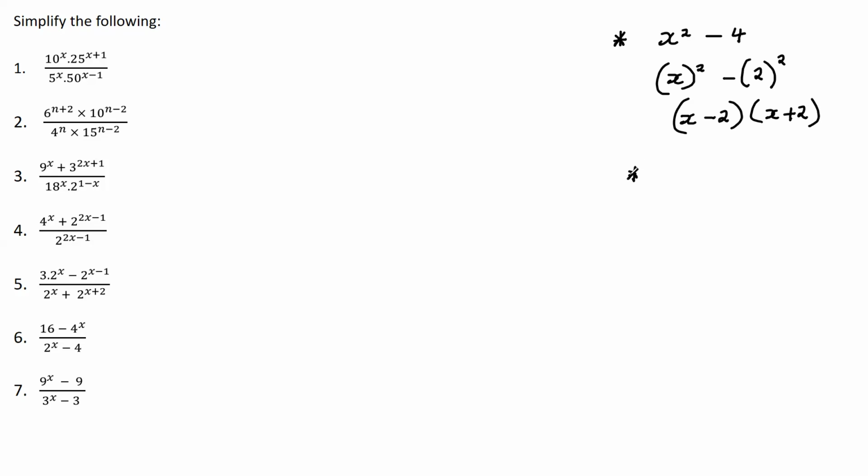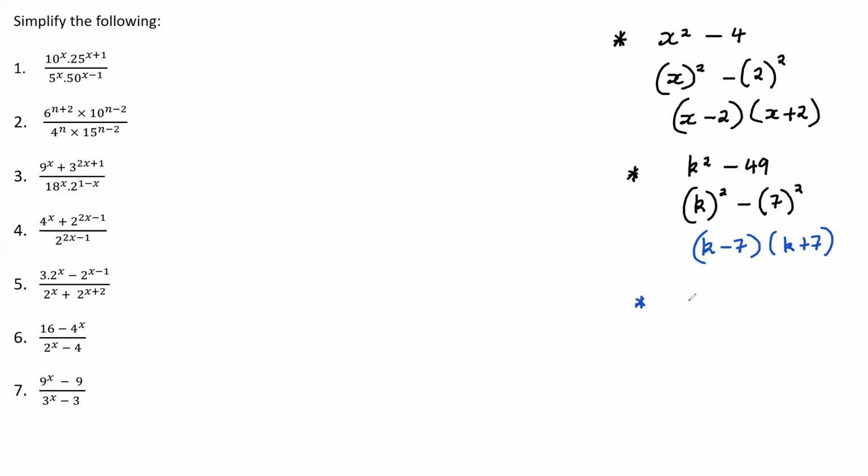That's all good and well. I could have a situation of k squared minus 49, which I could quickly write as k squared minus 7 squared, which mathematics allows me to say k minus 7, then k plus 7.